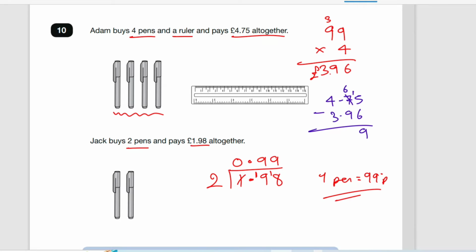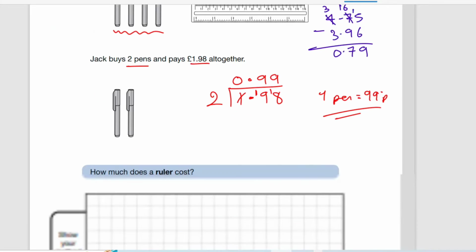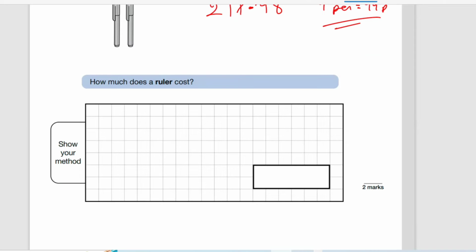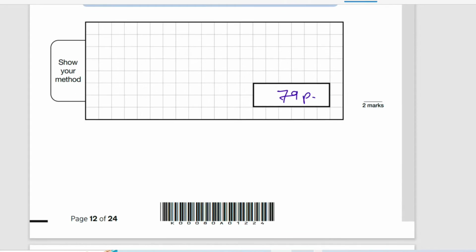You can't do 6 take away 9, so you borrow from the 4, becomes 3, and this becomes 16. 16 take away 9 is going to be 7, and 3 take away 3 is nothing. So that means, guys, a ruler costs 79p. Huh, okay, not bad. So we just write the answer here. Nice.